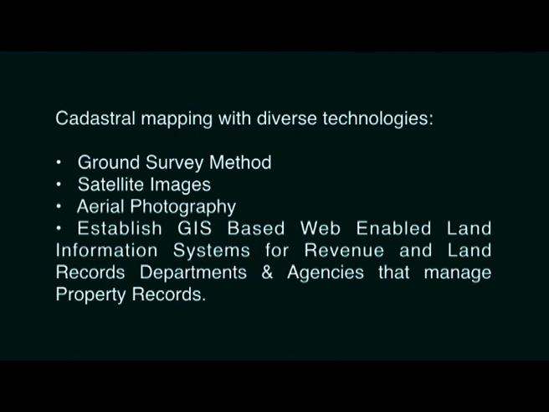Aerial photos are also available, because in certain areas satellite images will not be enough and we may need still higher resolution images. So we can go for aerial photos, and now even satellite images that are clearer than aerial photographs have come. Satellite images and aerial photography, together with ground survey methods, can be used for cadastral mapping.